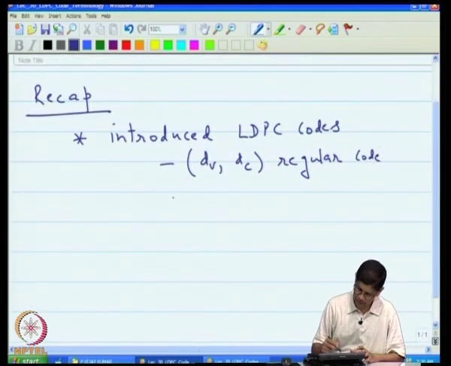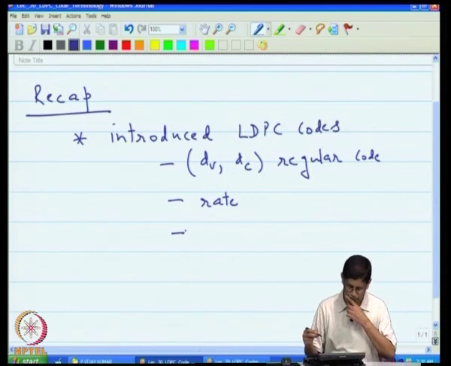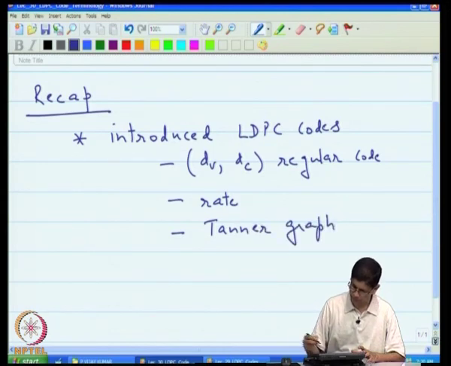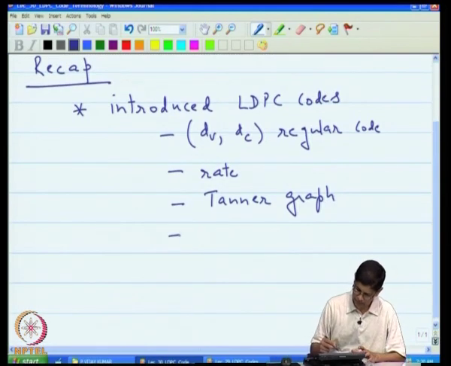We talked about the rate. Then we talked about the Tanner graph, and the decoding complexity being linear.